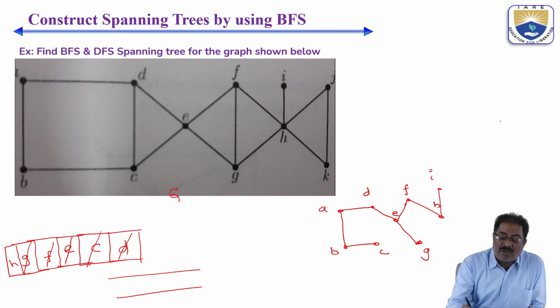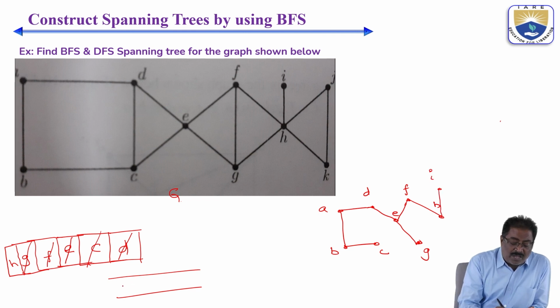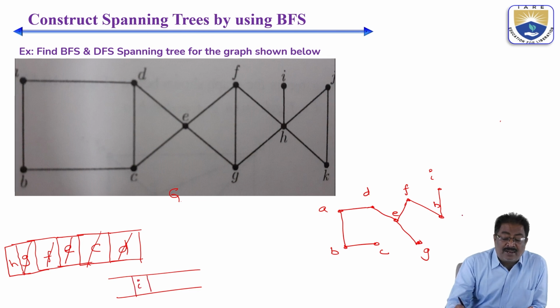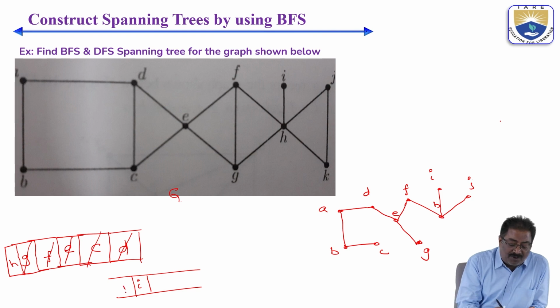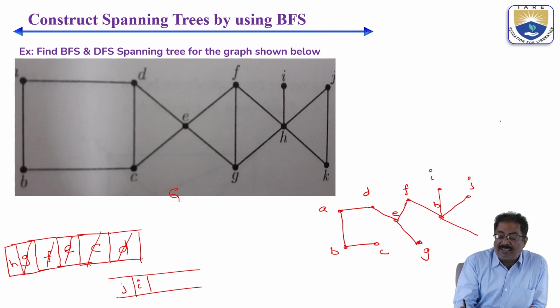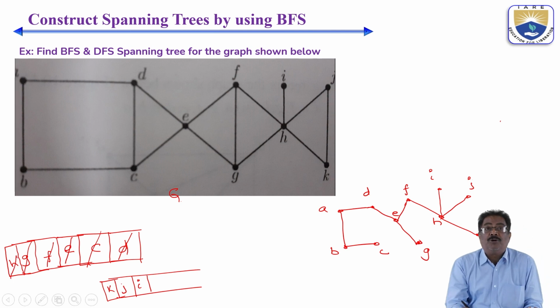I can go for alphabetical order. First is I, then another adjacent vertex is J, then the other one is K, and we enter them into the queue. Then from H there is no other adjacent vertex, so remove that.